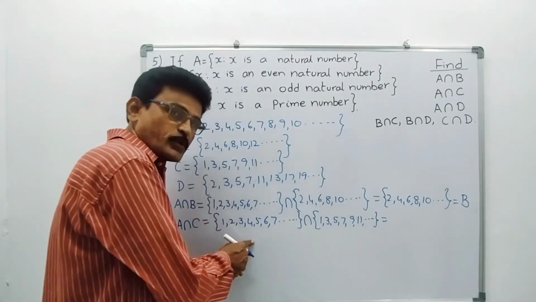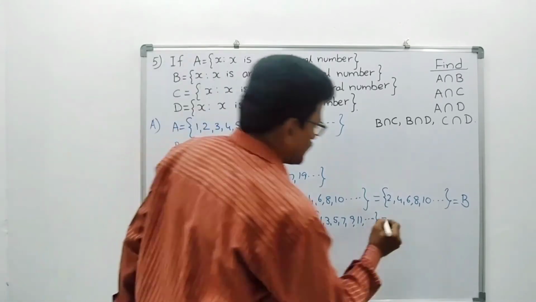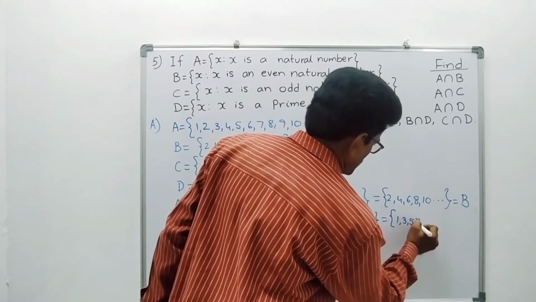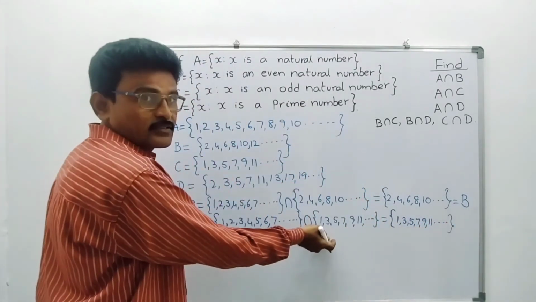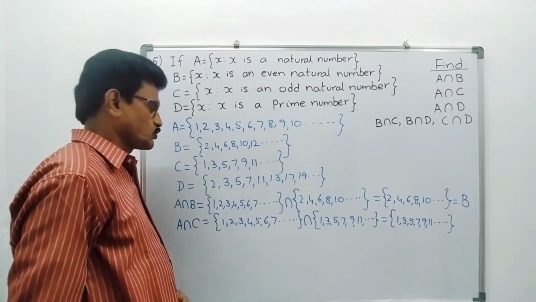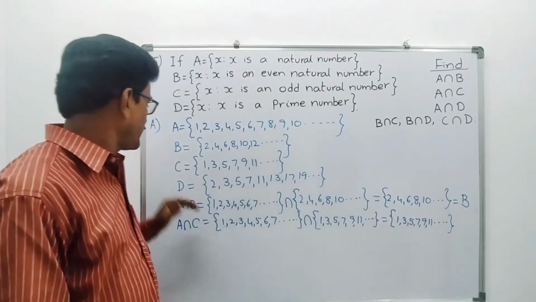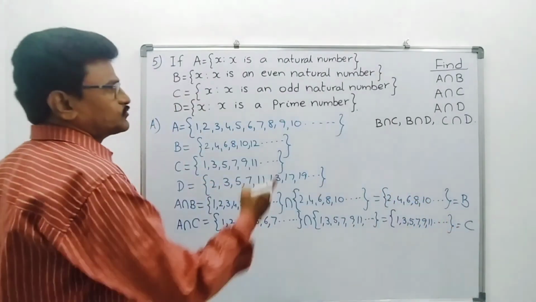So common numbers means these odd numbers will come here also. So we get the odd number list again: 1, 3, 5, 7, 9, 11. Because the odd numbers in set C are also appearing in set A, we take only the common numbers. These elements are again set C. So the result is C.